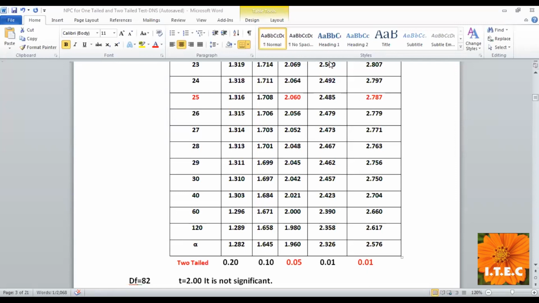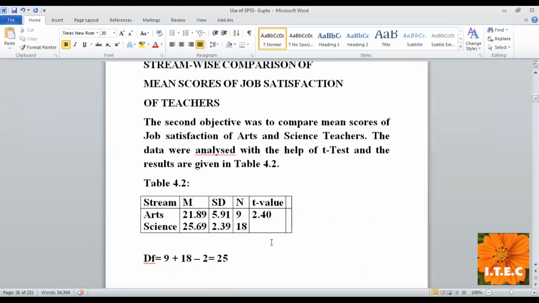Okay, now we go ahead with the interpretation. So this value is significant. So if you want, you can put 1 star, and below you can put 1 star, and you can write significant at 0.05 level.